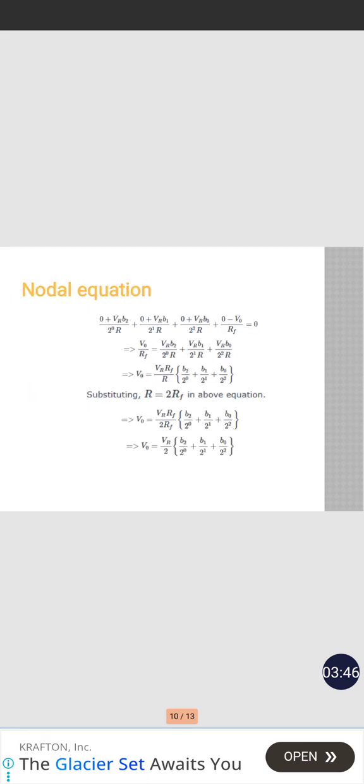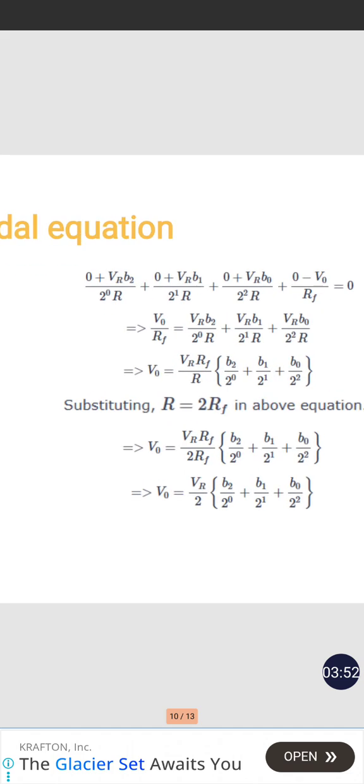This is the nodal equation of the inverting input terminal. First, (0 + VR B2) divided by 2 power 0 into R, plus (0 + VR B1) divided by 2 power 1 into R, plus (0 + VR B0) divided by 2 power 2 into R, plus (0 minus V0) divided by RF equal to 0. This is the nodal equation. So we simplify that.